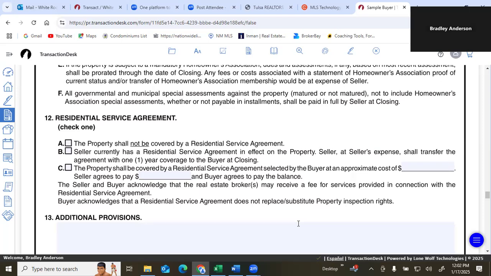All right, so you can check one of these. The property shall not be covered by a residential service agreement, or seller currently has a residential service agreement in effect on the property.